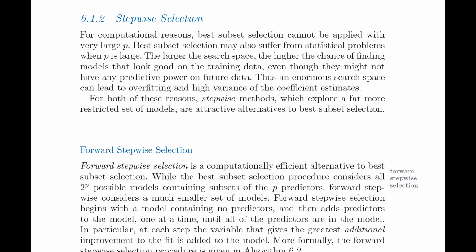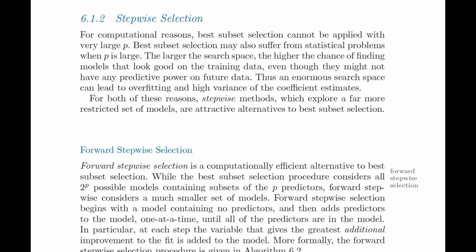The more predictor variables we have, it might be just the case that by random luck, from all the different, Pascal's triangle, from the 2 to the power of P different models, the larger the P, the more of these models there are, the higher the odds are that just by random chance, one of them would look like it's doing a really great job, but it would simply be by sheer luck.